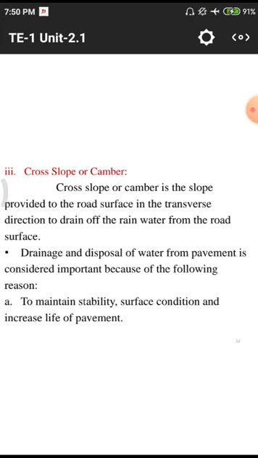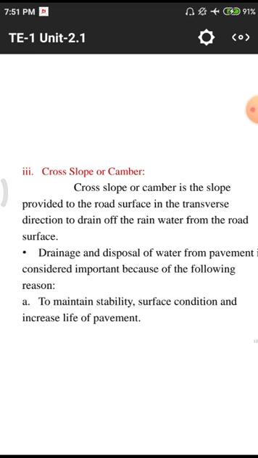To maintain stability, if any water is stagnant on that road, the water can penetrate to the layers below. If the lower layers are affected, the embankment will automatically collapse due to the entrainment of water, and surface conditions also change. If there is water on the surface, there is a huge chance of skidding of vehicles. And next, it increases the lifespan of the road due to draining of this water.